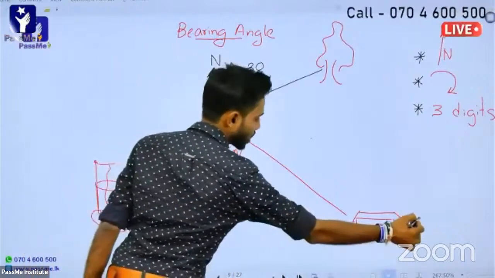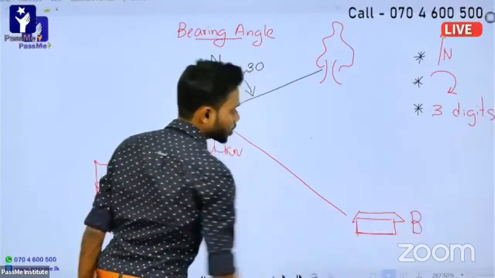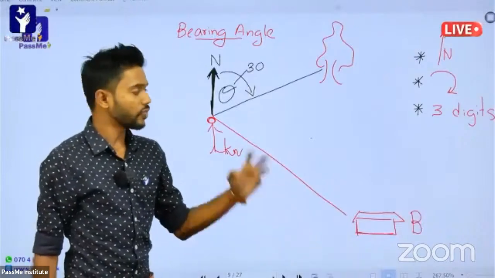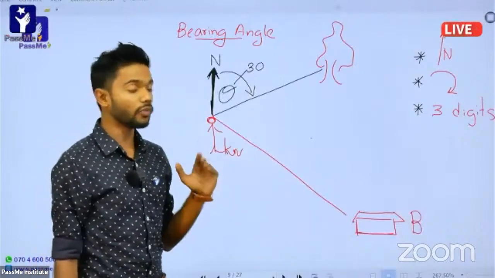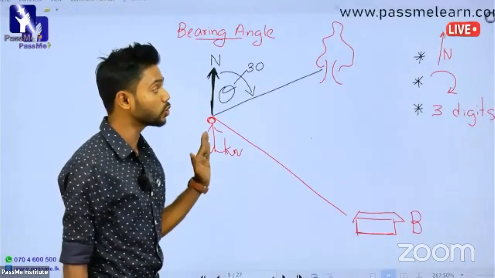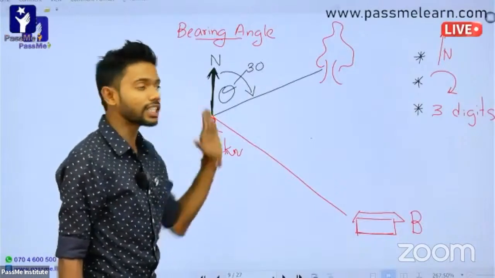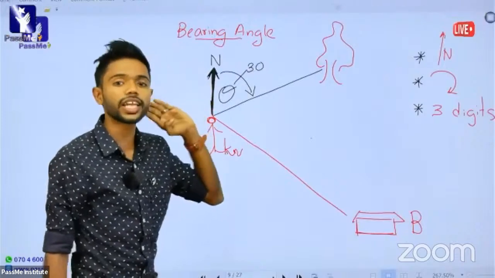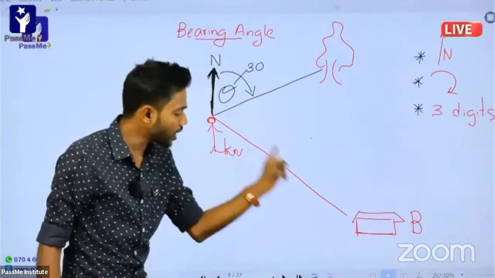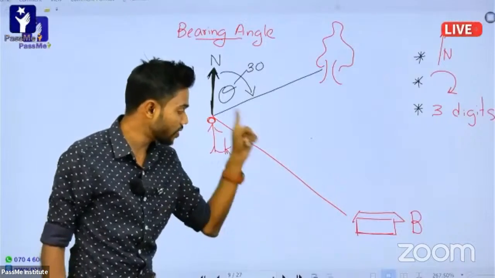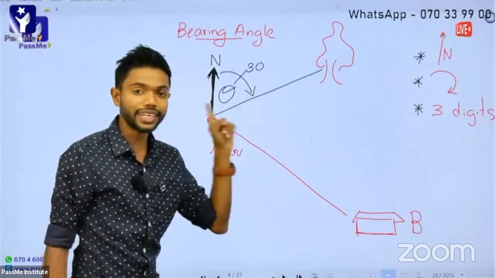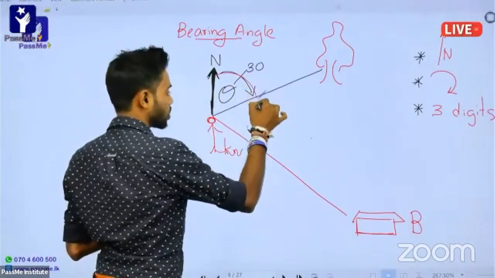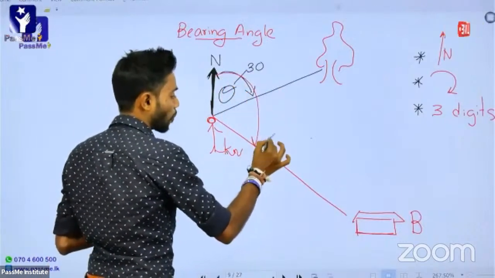The building is B. So you need to locate B with respect to KV. Therefore, first of all, you need to draw the vertical arrow line to represent the north before doing anything. Then you can draw a line which connects the building and KV, because otherwise, if you go in the clockwise direction, where do we stop?